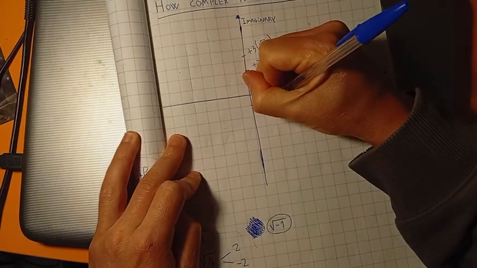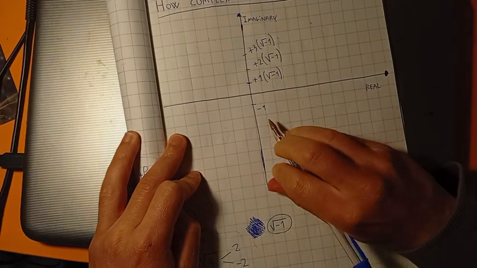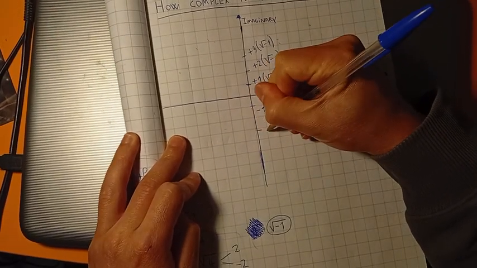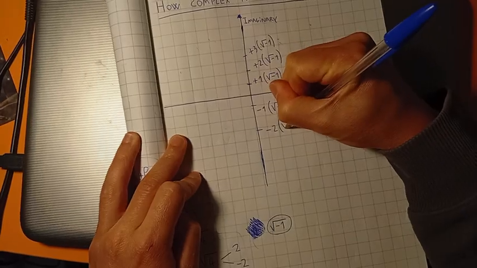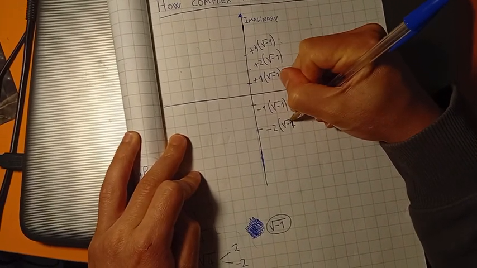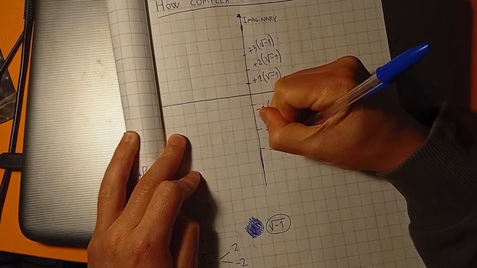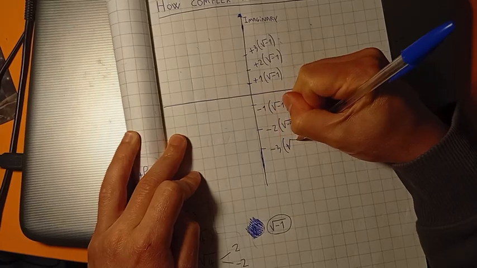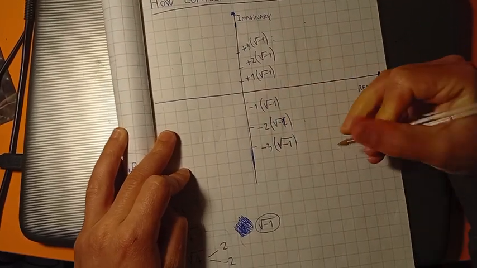Or it could be -1 multiplied by the square root of -1, or -2 multiplied by the square root of -1, or maybe -3 multiplied by the square root of -1.